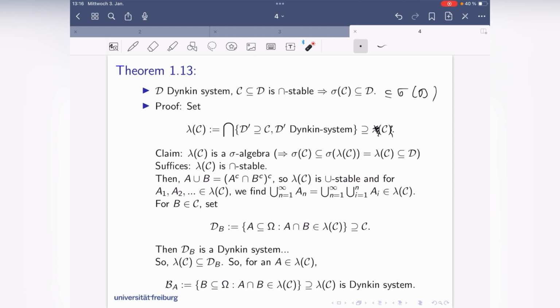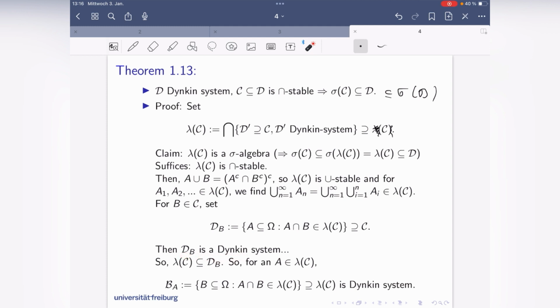The claim is that DB is a Dynkin system. Let's see. Let me write down some things here. Let's just complete the proof. I claim that DB is a Dynkin system.